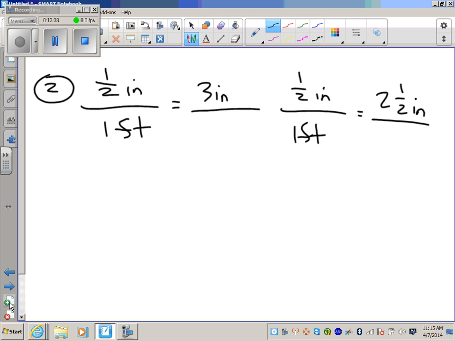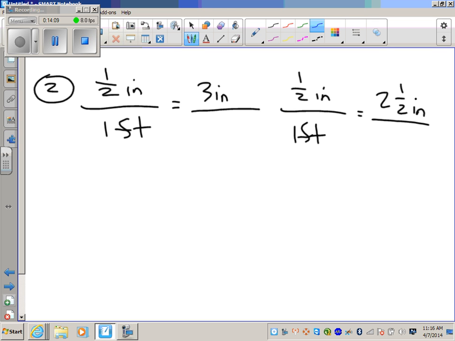Now here's the thing. What's different about the scale than what we've seen in the past? What's usually been our top number? Whole number 1. But this isn't the whole number 1, it's half. Can I still get to where I'm going using half? I can.